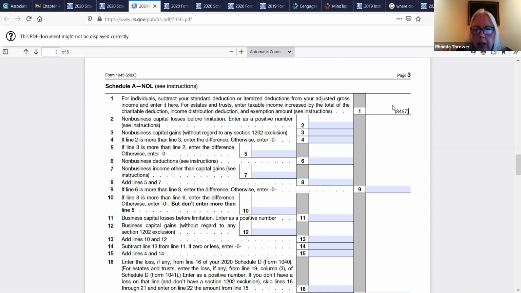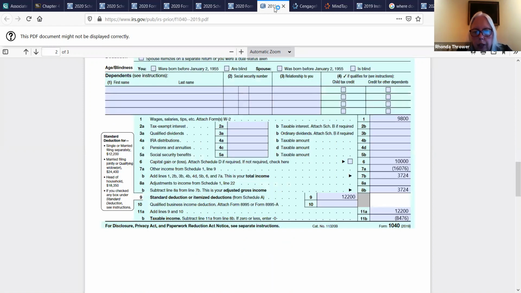And this amount right here comes from your adjusted gross income, which is on the 1040 form. Your adjusted gross income was 3724. And then you're going to subtract out the 12,200 in standard deductions, and that will leave you with 8476, which is what you enter on this particular form.